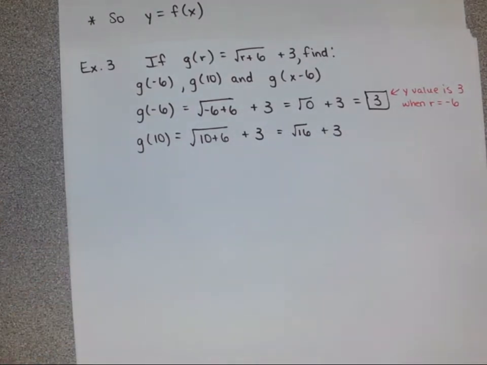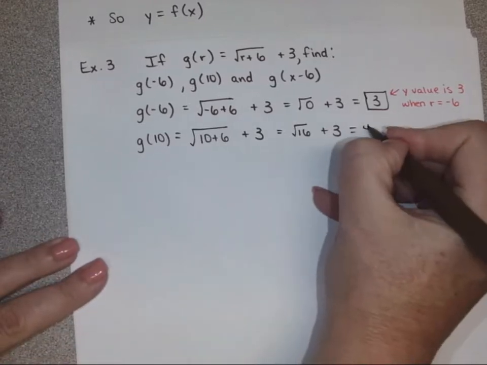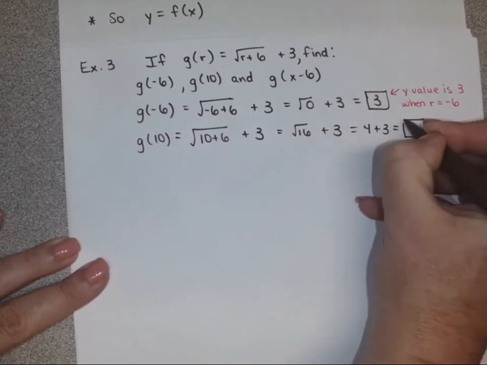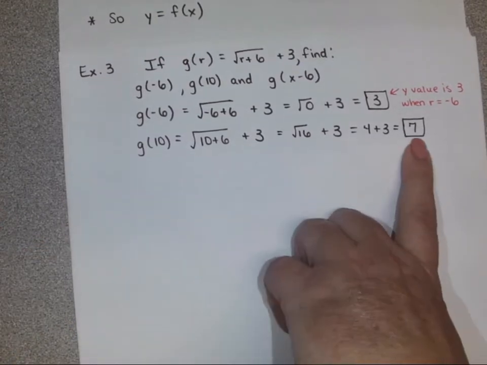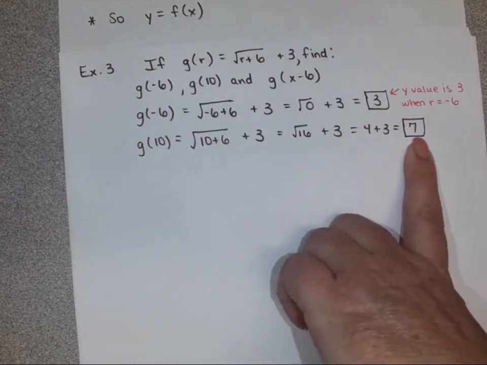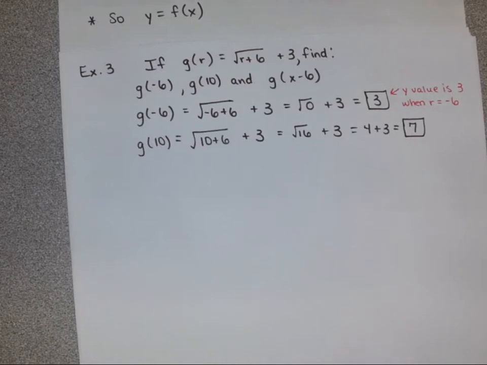And then I can take the square root of 16, right? The square root of 16 is what? 4, right? So I'm going to get 4 plus 3, or what for my answer? 7. So I won't make you write it, but how would you describe what this 7 is? The what when x is 10? Which value? The y value when x is 10, or r in this case, okay?